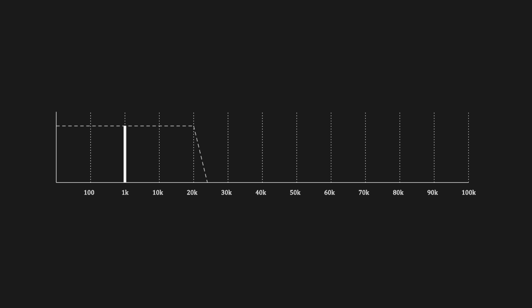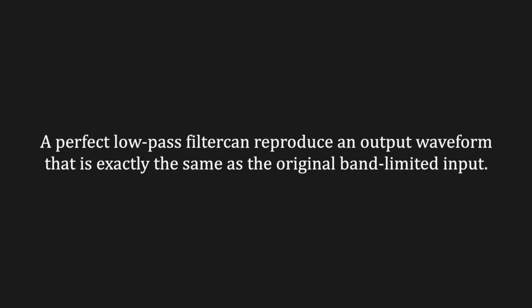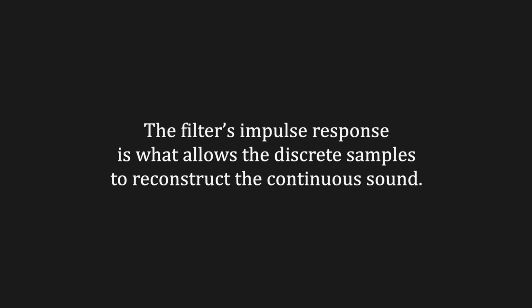When the filter removes the unwanted high-frequency components, the remaining waveform passes through the same points as the original, correctly filtered sound. In theory, a perfect low-pass filter can reproduce an output waveform that is exactly the same as the original band-limited input. The filter's impulse response is what allows these discrete samples to reconstruct the continuous sound.